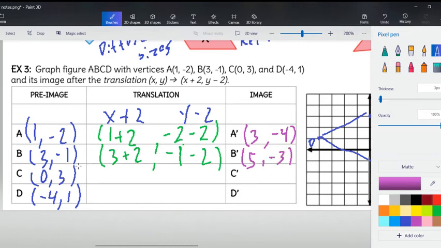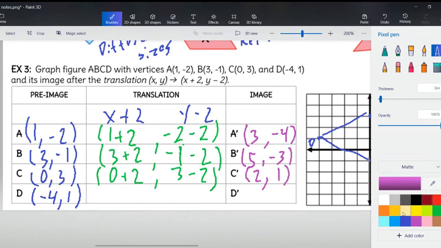All right, so 5, -3. 0, 3 is our next point. So we're going to do 0 + 2, because remember the rule is adding 2 to every x value, and 3 minus 2. So this is 2, 1.